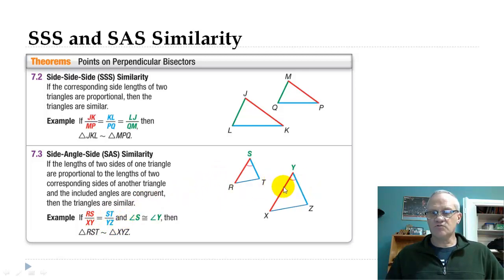So if those 2 are the same ratio, and we know that the angle in between, or the included angle, that just means the angle that's in between those 2 sides, is equal, then these 2 will be similar. Okay, they'll be similar as well. So S has to equal Y as far as angles, and then the ratio of SR over YX would have to be the same as ST over YZ.